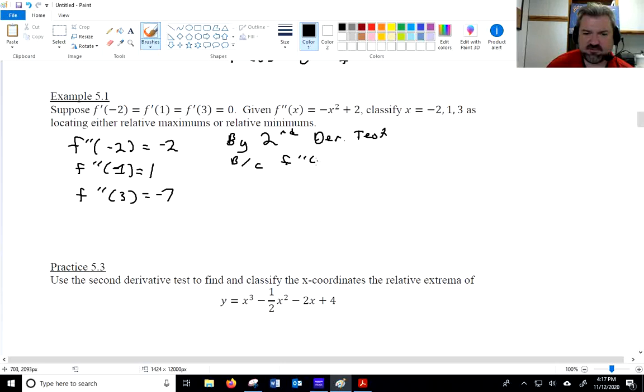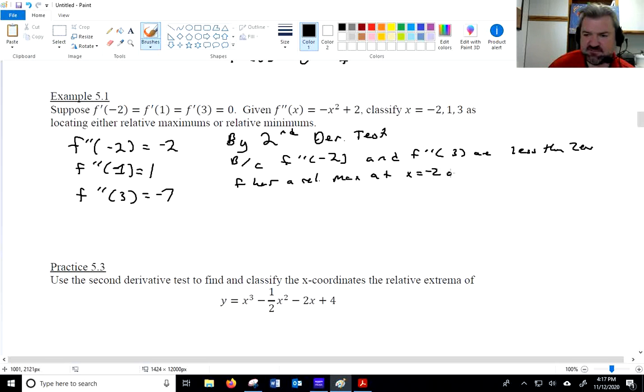because f double prime of negative 2 and f double prime of 3 are less than 0, f has a relative maximum at x equals negative 2 and 3.